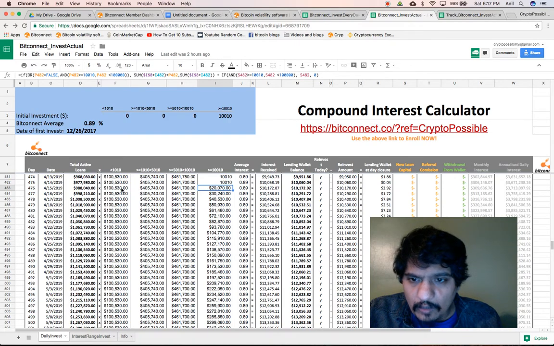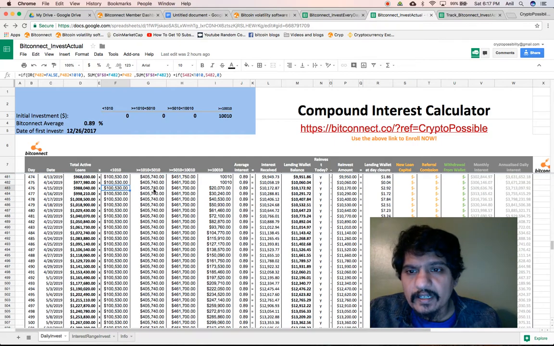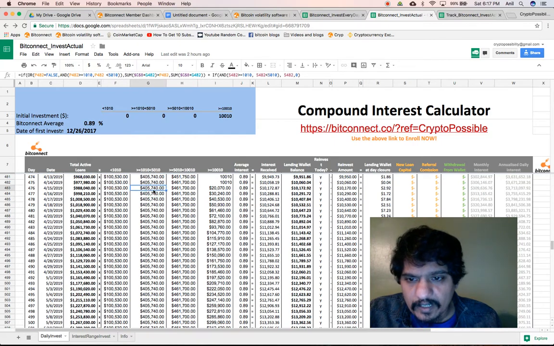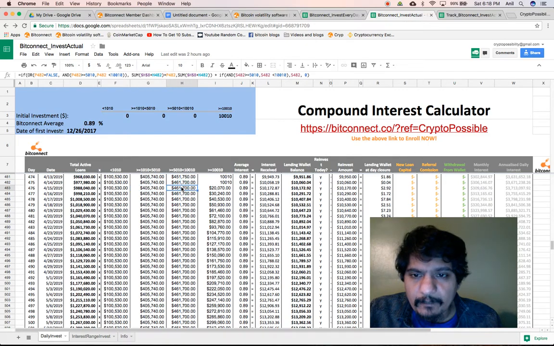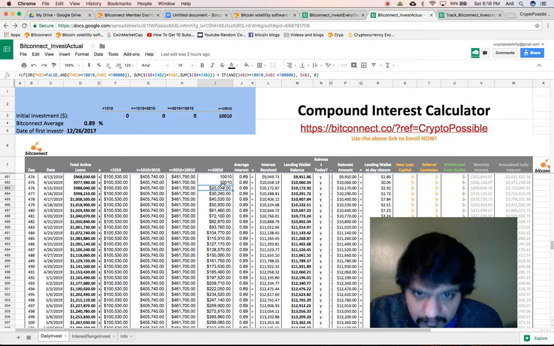So now how it will calculate the interest is, it'll take the basic volatility interest here because it's less than $1,000 and add it. For the second one, it will take the basic volatility interest plus 0.10 and add it. For the next one, it will take volatility interest plus 0.20, and here volatility interest plus 0.25, and add everything into the received interest here.